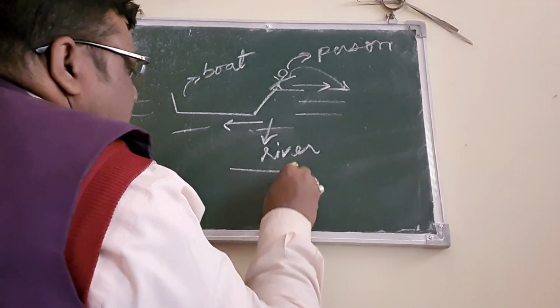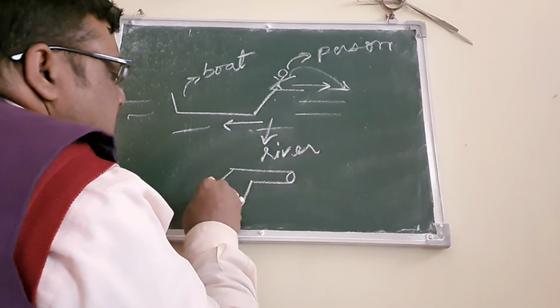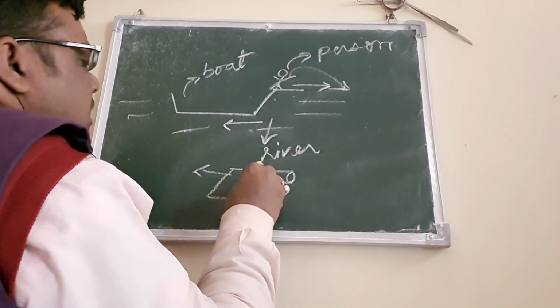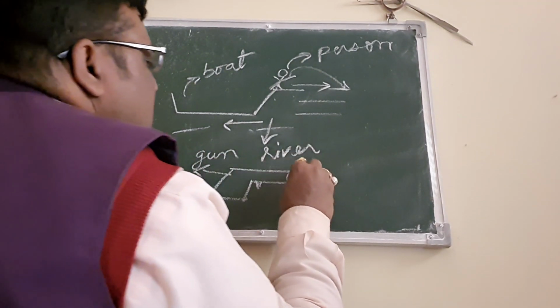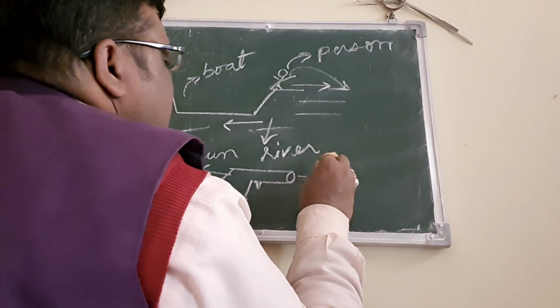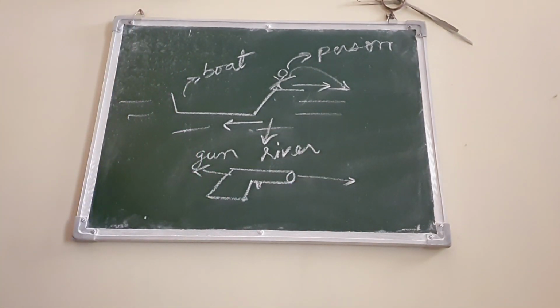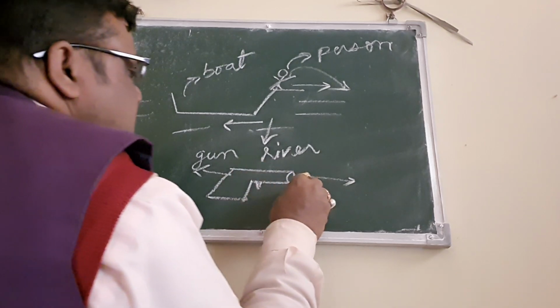Also, there is a gun. You can see there is a gun, and if it is fired, the bullet moves with a very high velocity in the forward direction. As a result, this is the action.